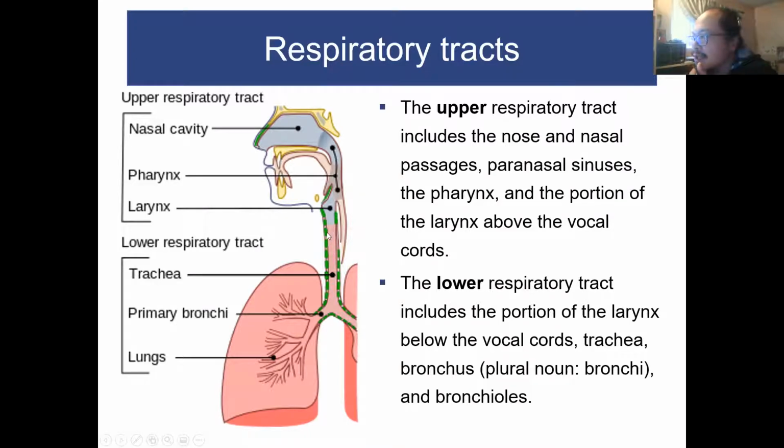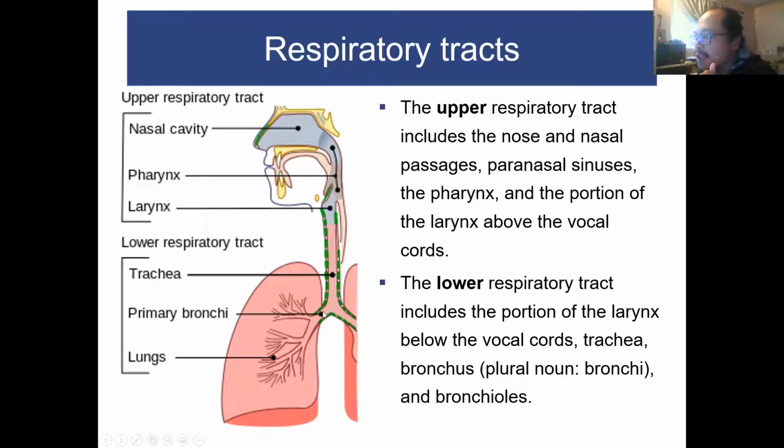So the cartilage, you see this cartilage beginning in the larynx. These green things are the cartilage, and then the airway has two branches. Each one is called a bronchus, but the plural is bronchi.